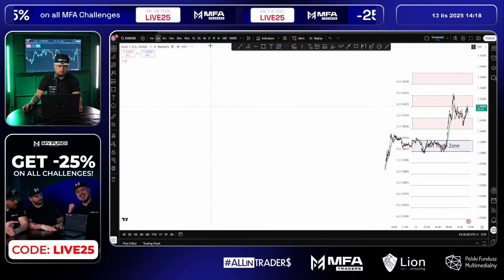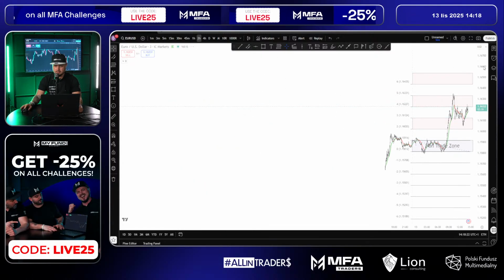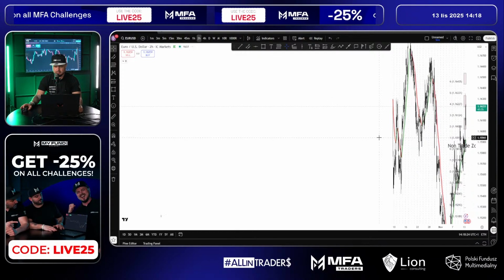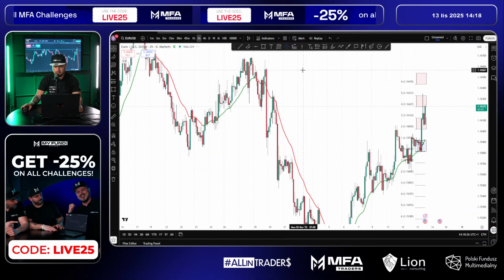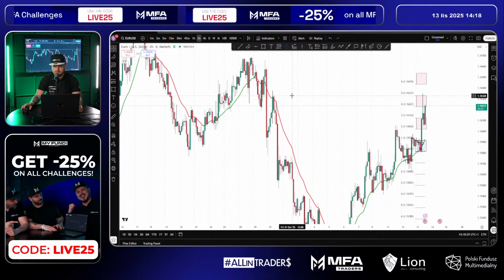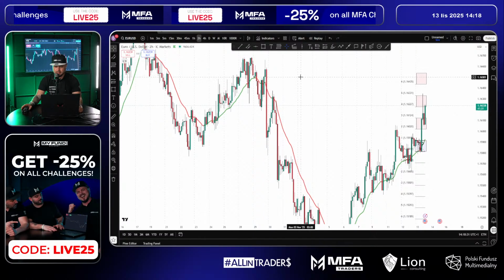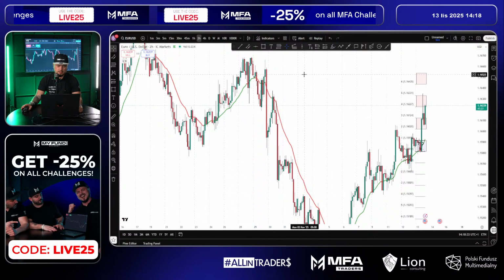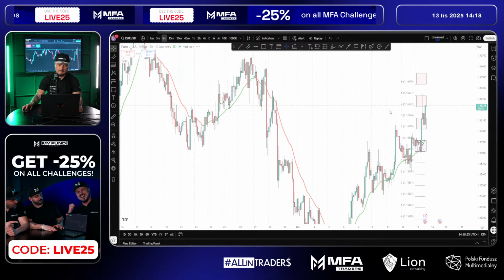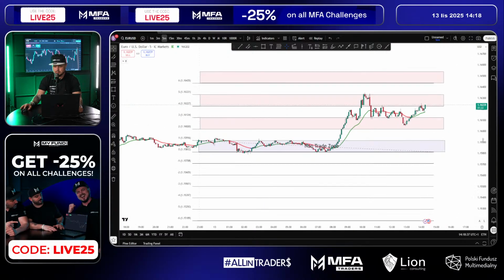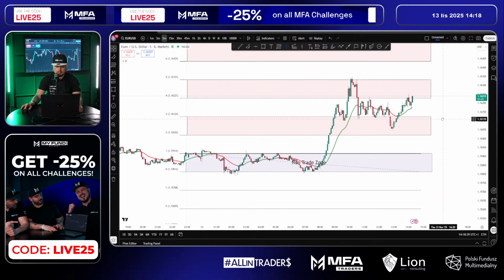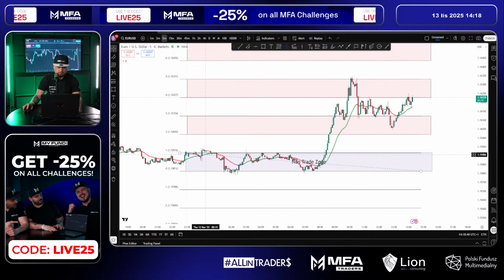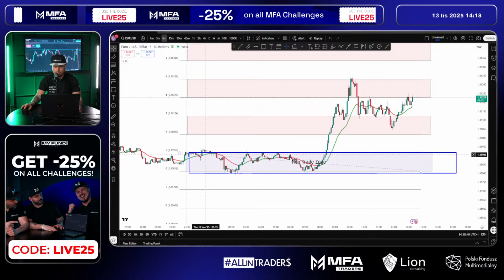So we will see what's going on the left-hand side. I just want to check where is the price. If we're gonna go a little bit higher, it will be good for us as well, okay?